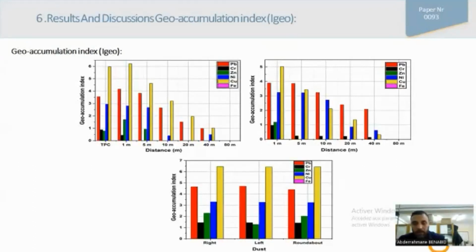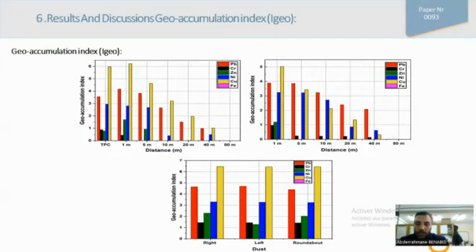For chrome and zinc, the AGO ranges from not contaminated to moderately contaminated at all points. For nickel, the AGO ranges from moderately to highly contaminated at TPC 1 meter, 5 meters, or 10 meters, while for the distances 20 meters, 40 meters, and 80 meters, it ranges from not contaminated to not to moderately contaminated.